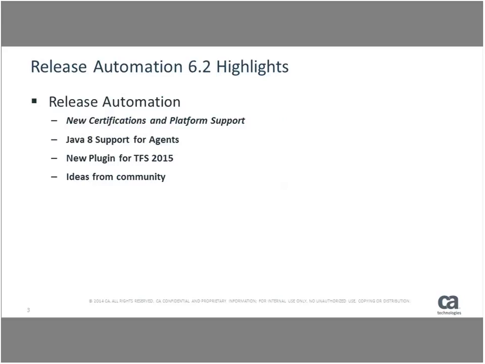We improved the security of the product by replacing the internal JVM with Java 8. We added a new plugin for Microsoft CSS 2016, and we also addressed some ideas that we got from you guys, things that were posted in the Release Automation community.